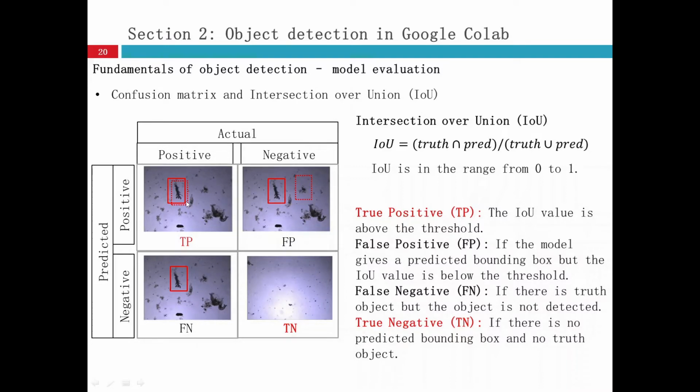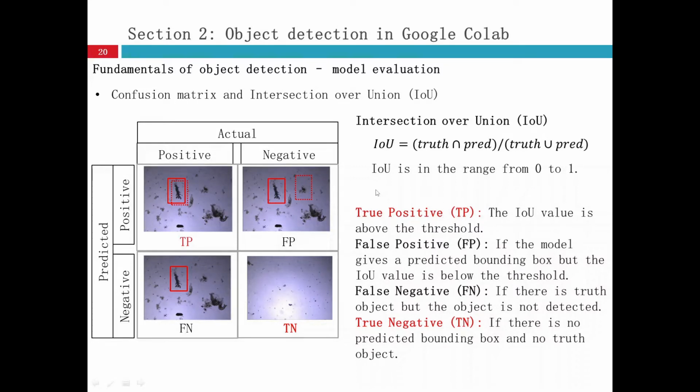In order to precisely define this overlap, we introduce intersection over union. The equation is provided here. It means the intersection between the two boxes divided by the union of the two. It's very easy to see that the IOU is in the range from 0 to 1.